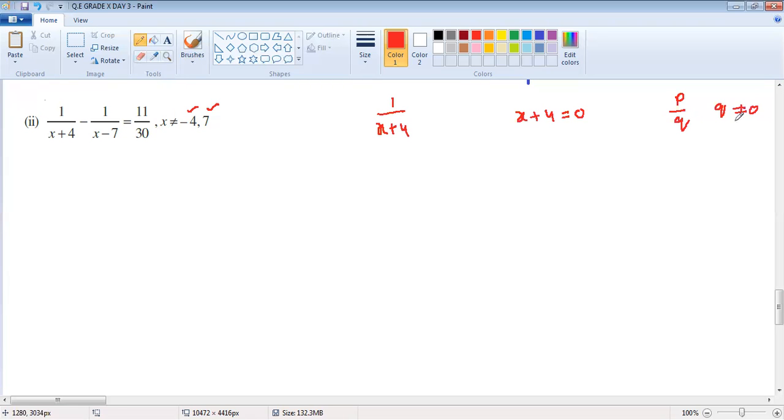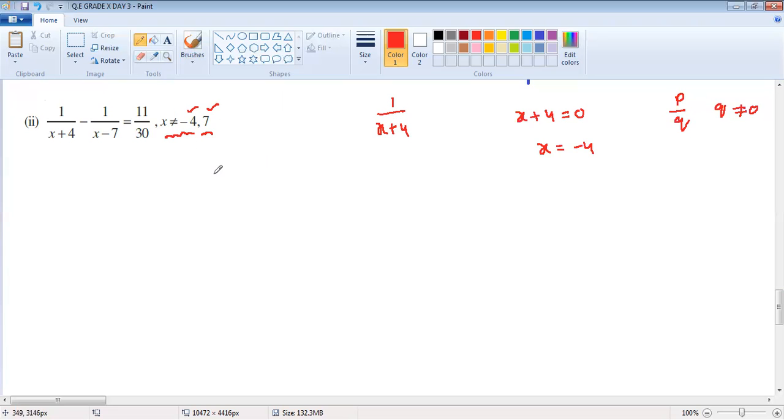If q is equal to 0, then the fraction something by 0 is not defined. So that's why x plus 4 is equal to 0, and if x equals minus 4, the given fraction cannot be defined. That's why x is not equal to minus 4 and 7. Why should we consider this?